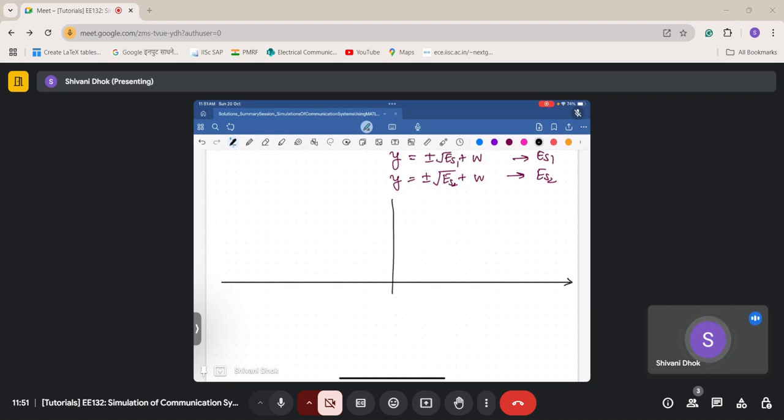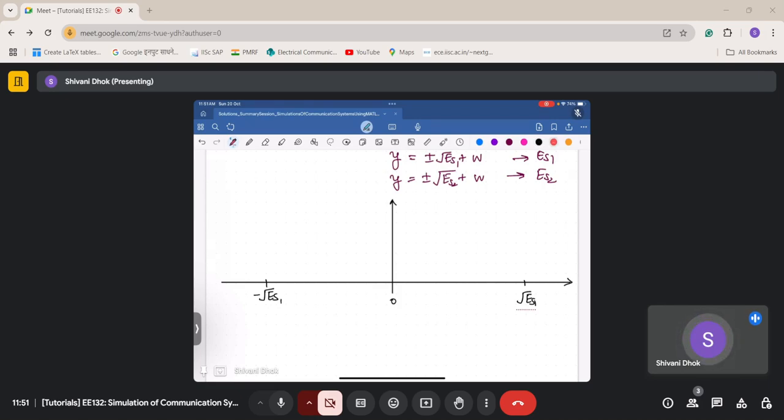This is your 0. Okay, so let's say this is your minus root ES1, and here you will have your under root ES1.